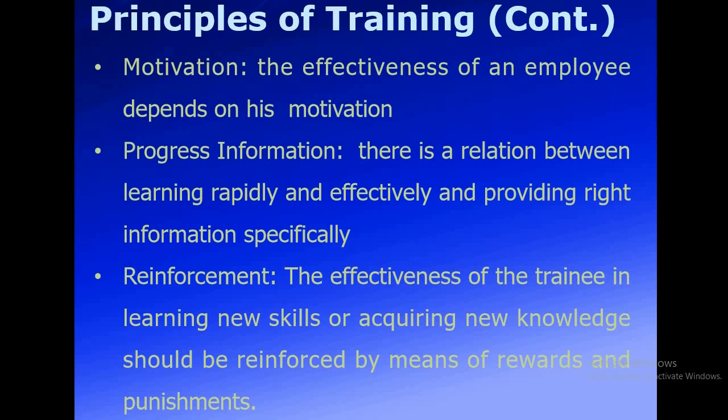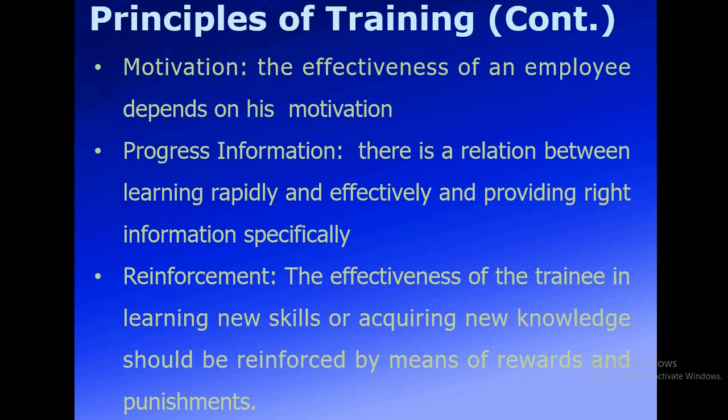Progress information. It has been found by various research studies that there is a relation between learning rapidly and effectively and providing the right information specifically. And as such, the trainer should not give excessive information or information that can be misinterpreted.